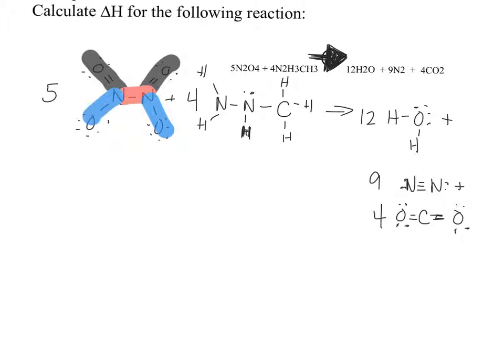I have 5 times 2 N-double-O bonds. I also have 5 times 2 NO bonds. And I have 5 NN bonds.